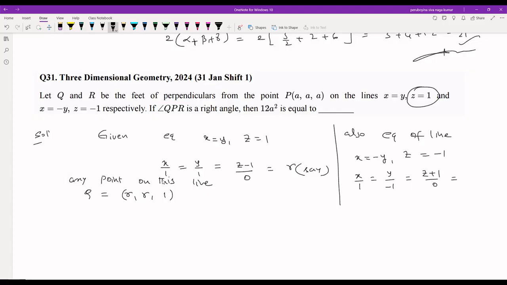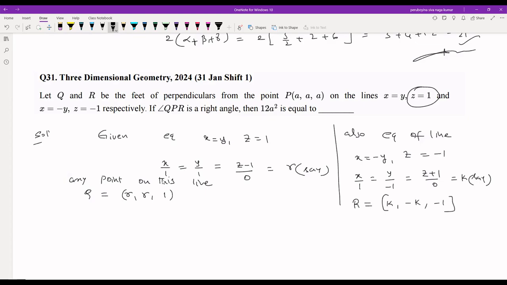Select some other parameter, say k, and you can figure out the point R. R can be any point on this line equation, and it will be taken as k comma minus k comma minus 1.